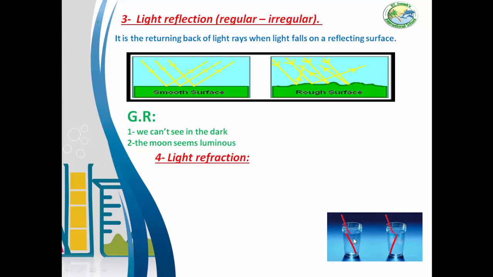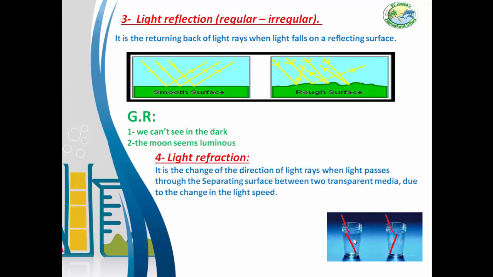That's refraction. So what is refraction? It is the change of the direction of light when light passes through the separating surface between two transparent media. The two media are, of course, air and water. Why does the direction of light change?